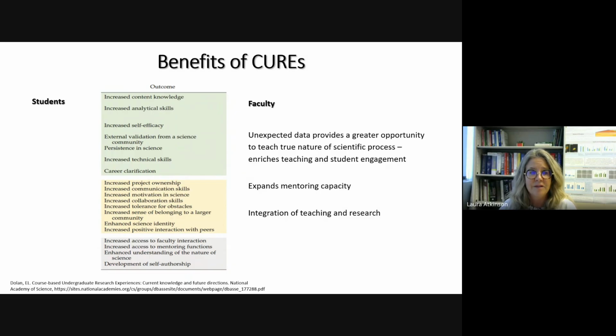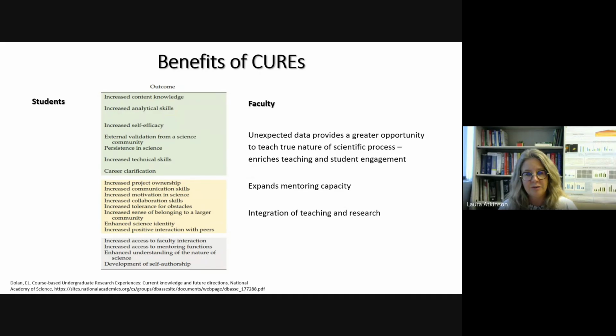In the classroom, I've noticed, as well as others, increased project ownership, increased communication skills, definitely a huge motivation with that ownership, collaboration, and importantly, tolerance for obstacles, because inherent in doing experiments where the outcome is unknown is the fact that it's likely not going to go the way you plan, and you have to troubleshoot and really rethink what you're doing.